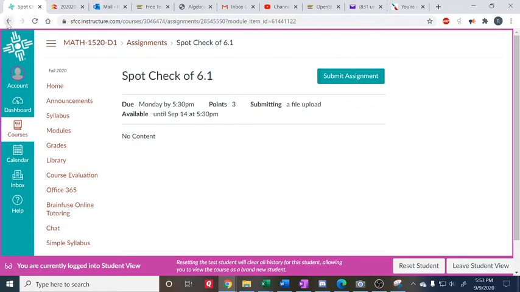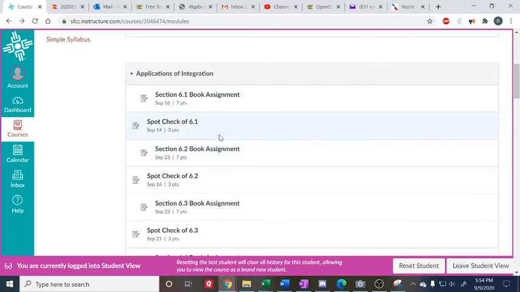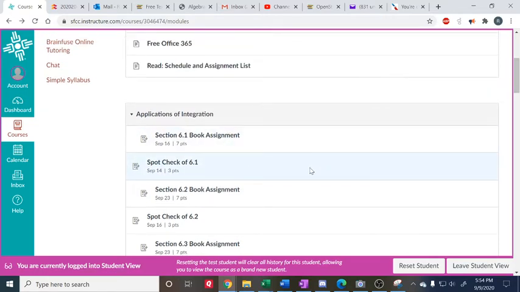Regular assignments you can submit late and get some late credit. But spot checks, you either get it or you don't. So by Monday at 5:30, you have to have that uploaded before class starts, and you'll get 3 points if you have at least 75% of the problems completed.